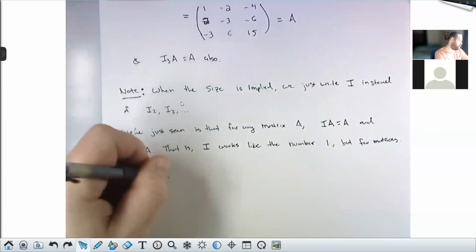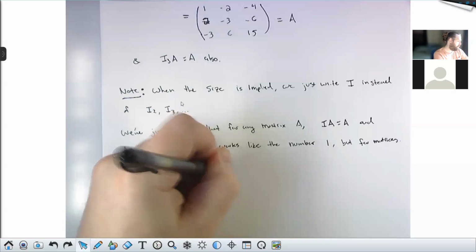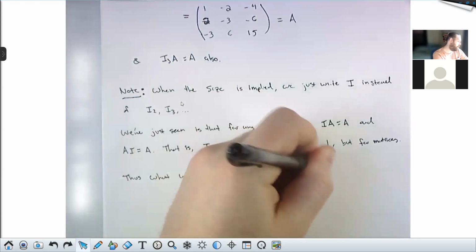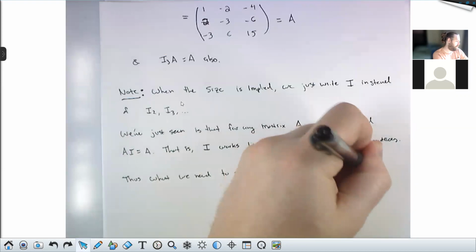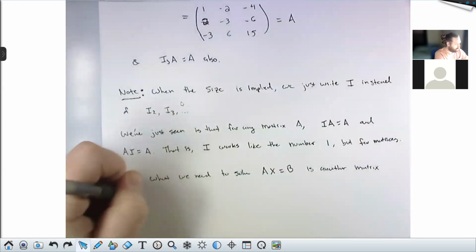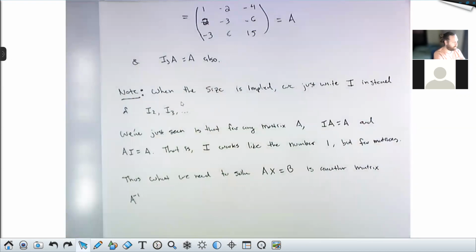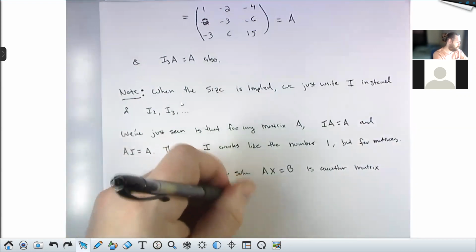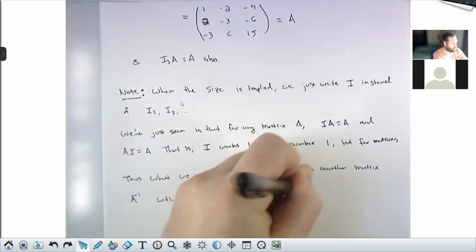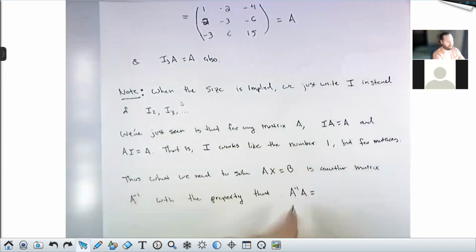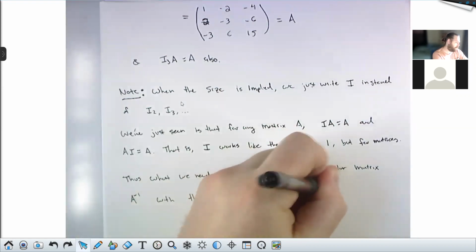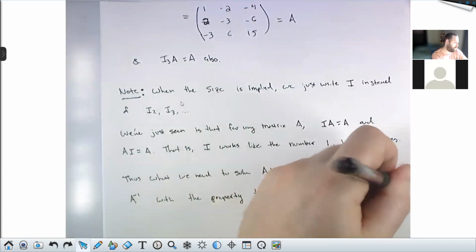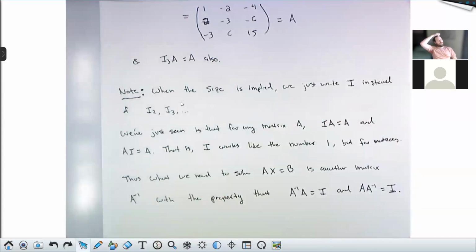Thus, what we need to solve the matrix equation AX equals B is another matrix, A inverse, with the property that A inverse times A, like 1/2 times 2, should be equal to I, and A times A inverse should also be equal to I, where I is the appropriately sized identity matrix.